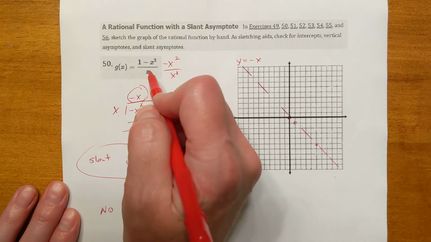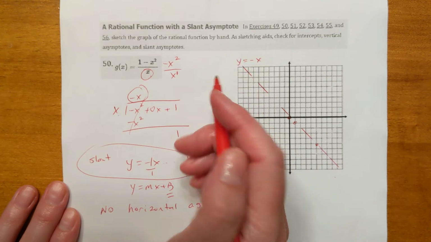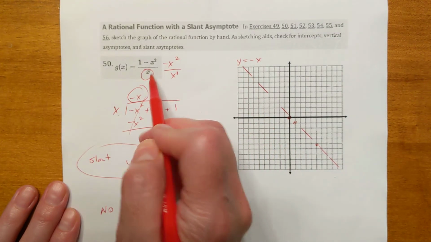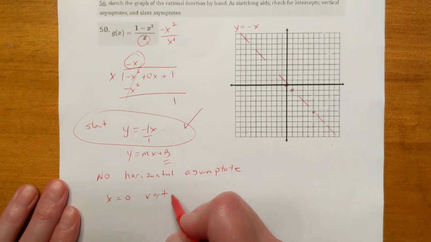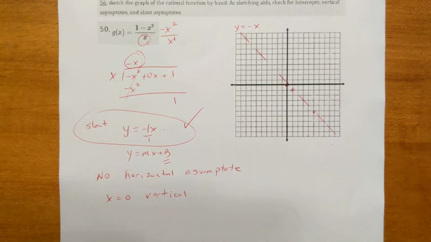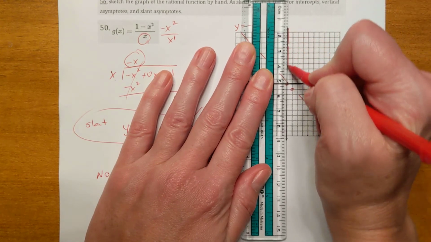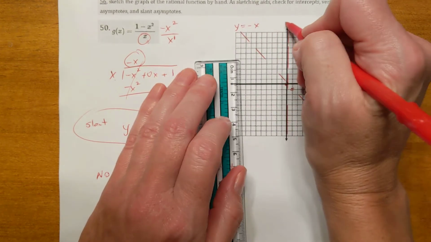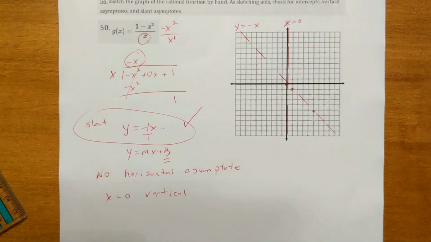And we do have a vertical asymptote because you look at where the denominator is equal to 0, and it's equal to 0 when x is equal to 0. So x equals 0 is a vertical asymptote on this one. So x equal to 0. So let's draw that. Okay, and put in our calculators.